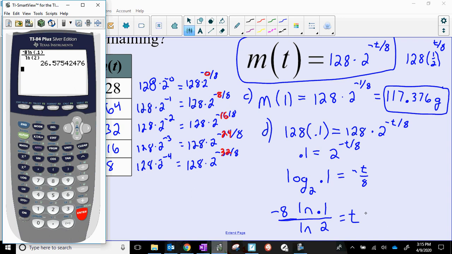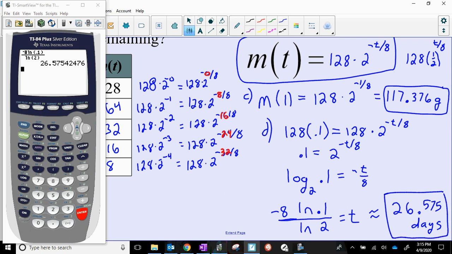So we come up with 26.575 days, which is what we said needed to happen between 24 and 32 days, according to our table.